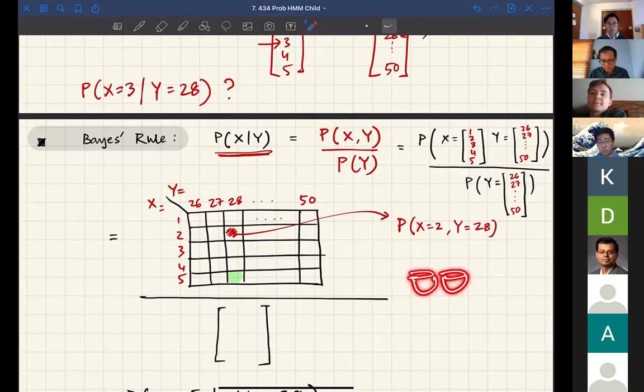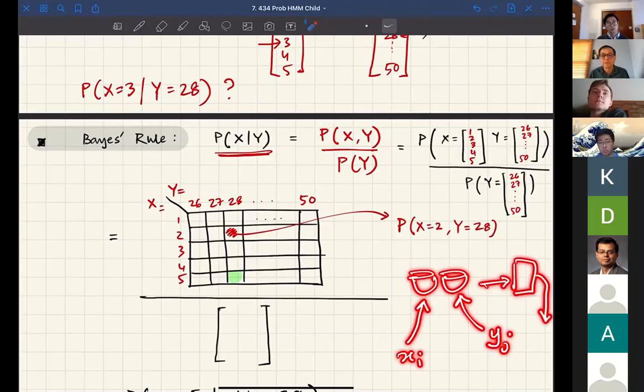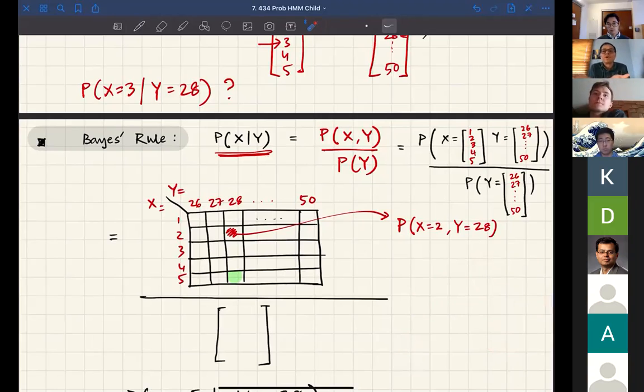And I want to know for any value xi and any value yj, I give xi and yj to my distribution box, and it should give me a probability for that. Earlier, we were giving only one value, and it was giving me a probability for that. Now I'm going to give it two values, and it's going to give me a probability for that. That's the joint distribution.